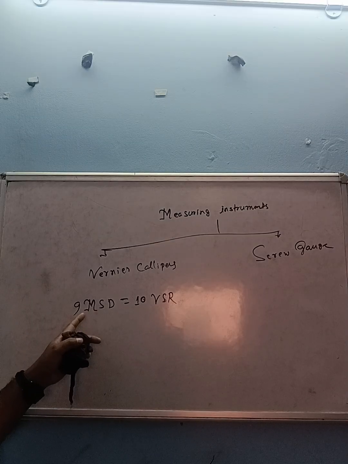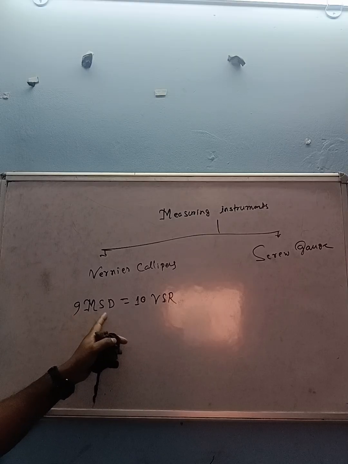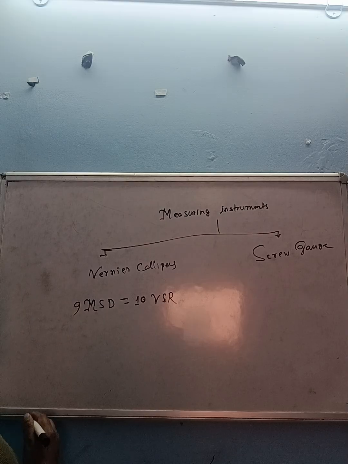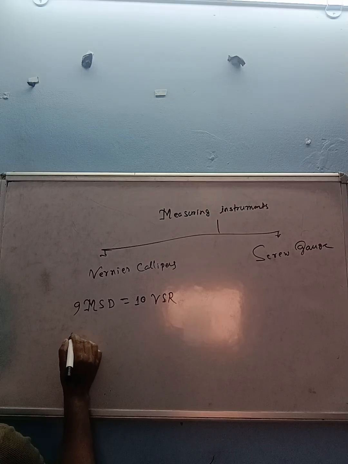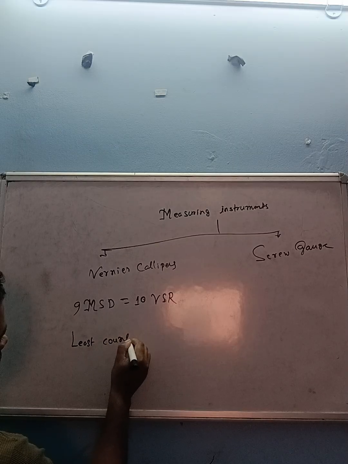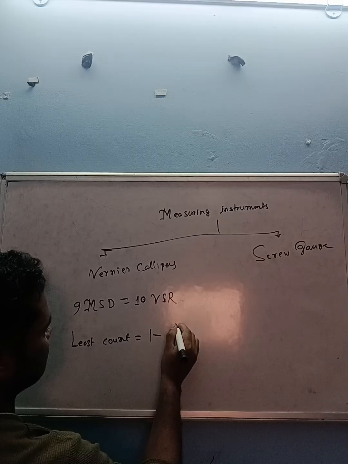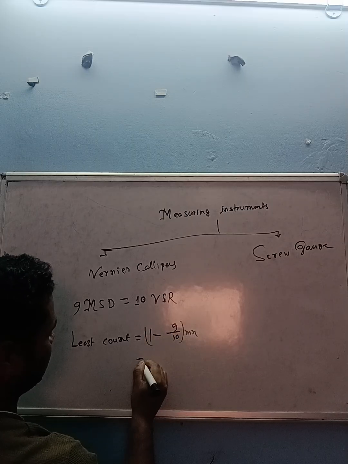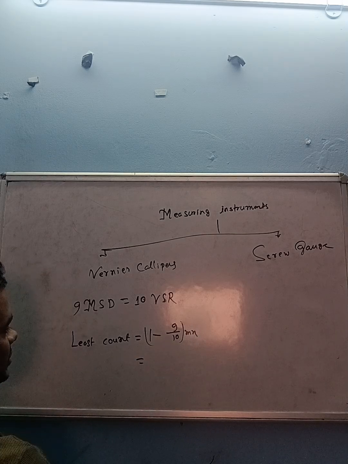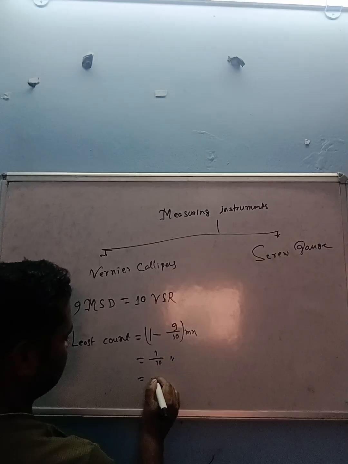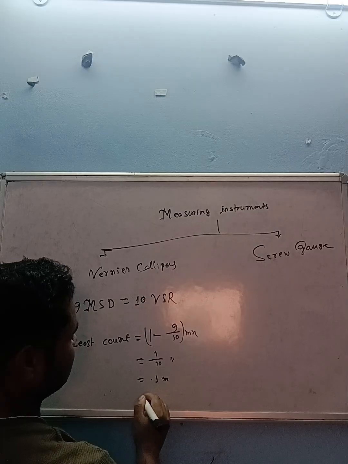Or you can say Mahendra Singh Dhoni, 9 Mahendra Singh Dhoni equals to 10 Virendra Sehwag. Okay, then least count कितना होगा? Least count 1 minus 9 by 10 mm equals to 10 on the 10 minus 9 by 10, 1 by 10 mm equals to 0.1 mm. Least count.